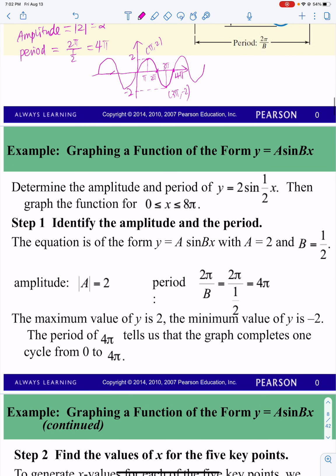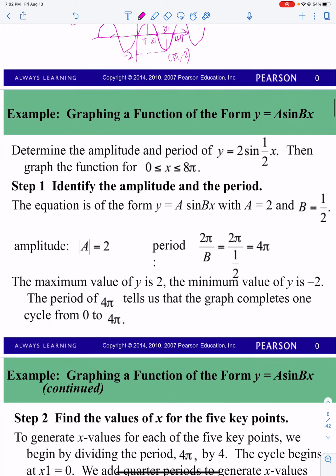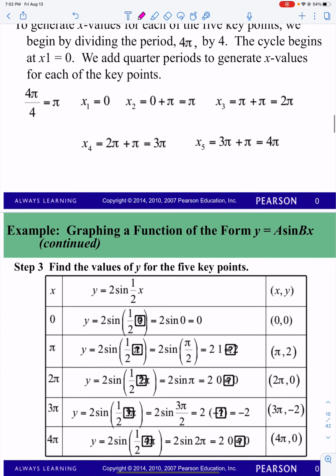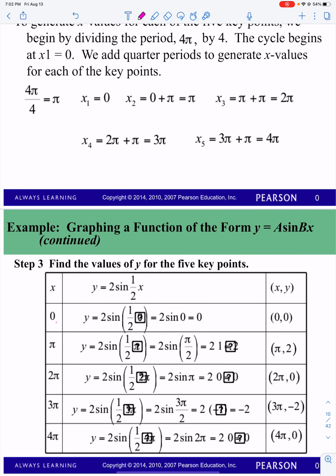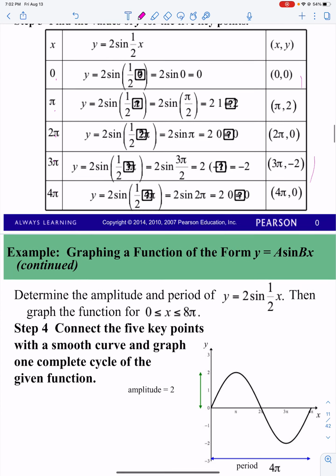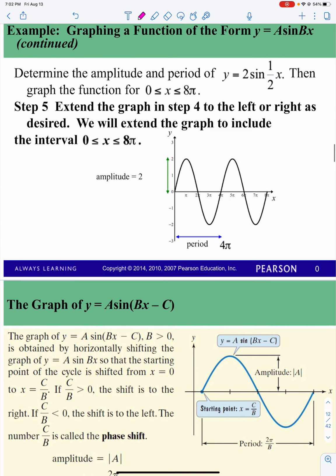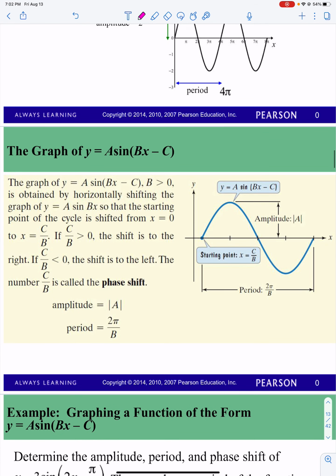Or you can use the steps from the textbook. Okay, it's long. You can choose 0, pi, 2 pi, 3 pi, 4 pi, and then find all these things again. Okay, so you can use the shortcut that I introduced to you too. So the next part that we wanted to talk about here is the sine of bx minus c.